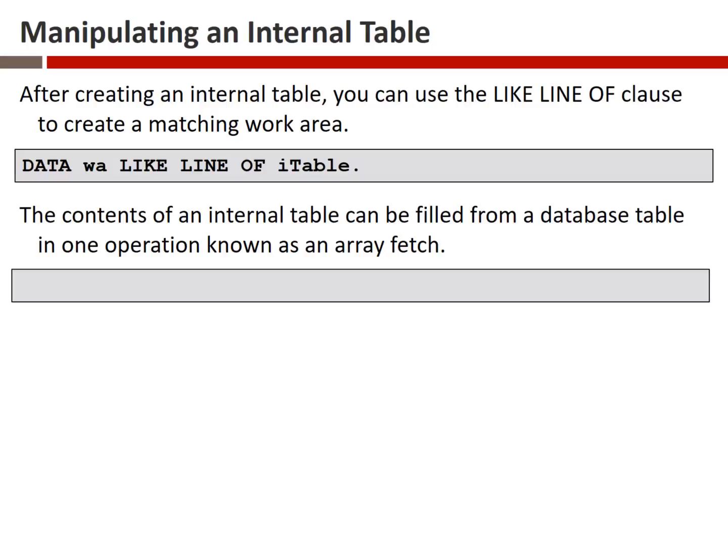So if I wanted to create a work area that matched the structure of this internal table, would you not agree with me that one way I could do that would be just to create what you see on line 7 of your program? That's creating a structure called sample person that matches up with the structure. But just to make my code a little bit clearer, I can say, give me a structure that's like a line of the table.